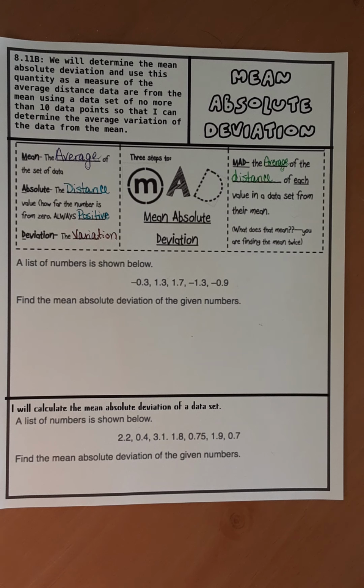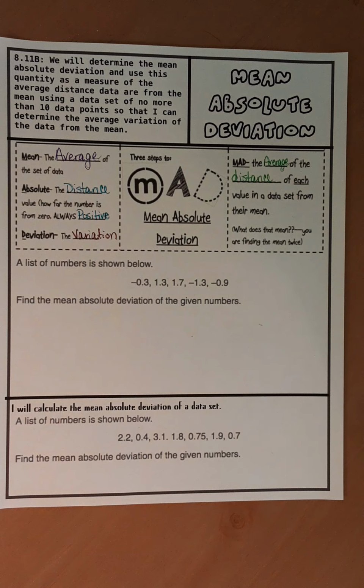So mean absolute deviation is the average of the distance of each value in a set of data from their mean or their average. So we're finding the average distance from the average of a set of numbers.